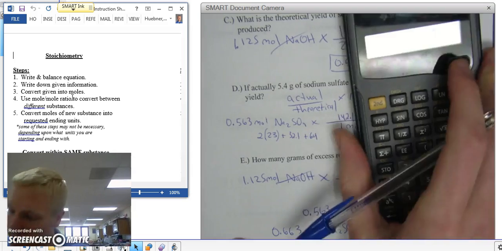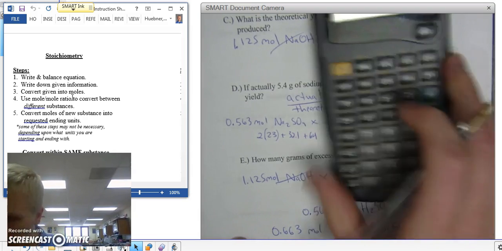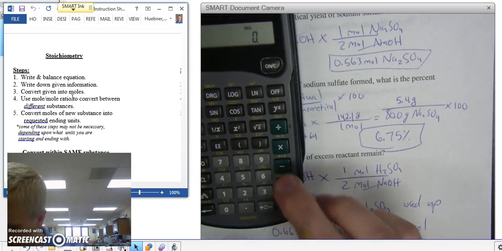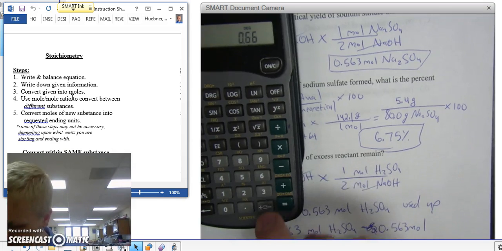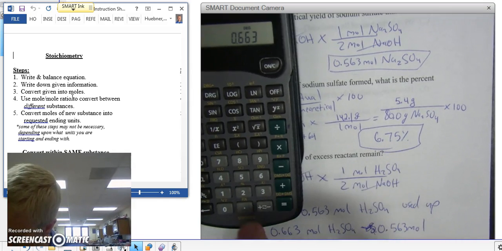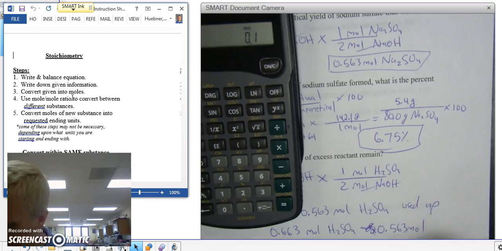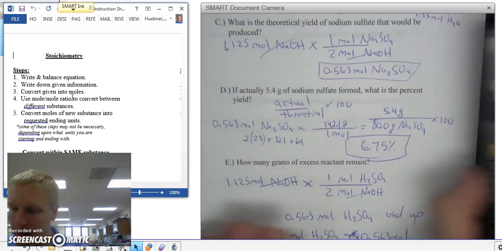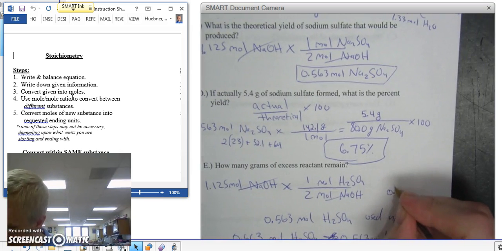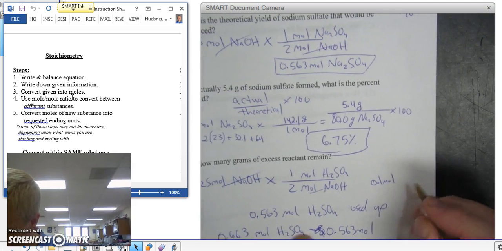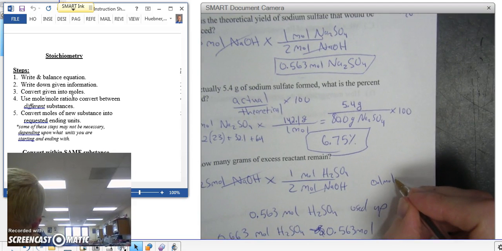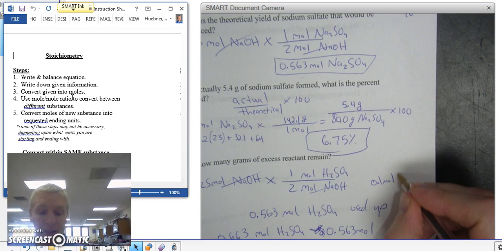Alright, we take our calculator. 0.663 minus 0.563 gives you 0.1. 0.1 moles of H2SO4 is how much is left over.